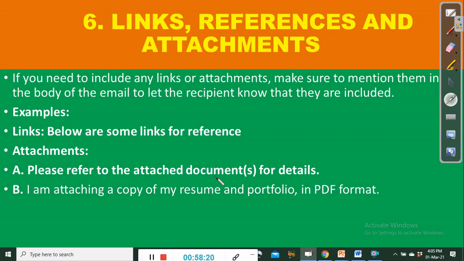If you are sending 2 or more, then you say the attached documents for details. Or you can say, I am attaching a copy of this or that. For instance, I am attaching a copy of my resume and portfolio in PDF format. It's also important to include the formats of the attachment or the document you are attaching. All right, this is very important. It makes for clarity.